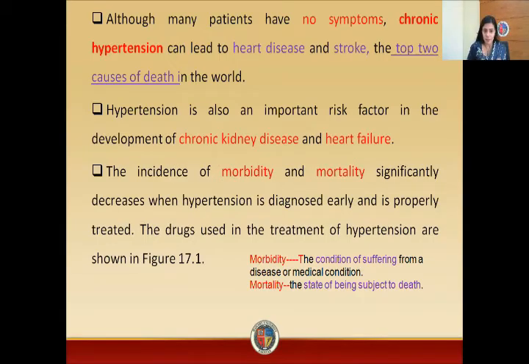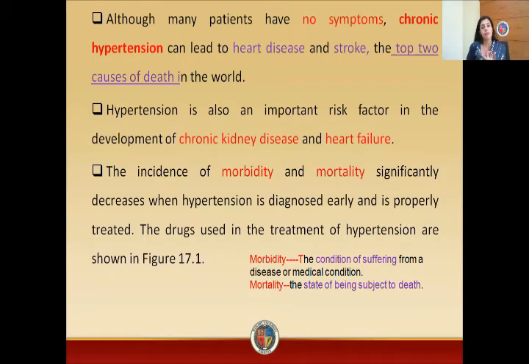These are basically the most prominent causes of death in the world. So hypertension can lead you towards chronic kidney disease, heart failure, and stroke. If you don't treat hypertension, then this may lead you towards morbidity and mortality.